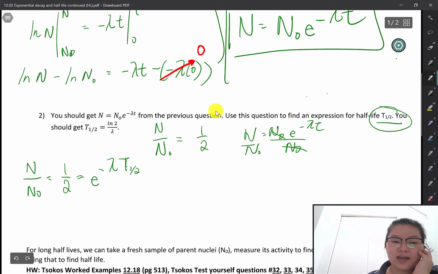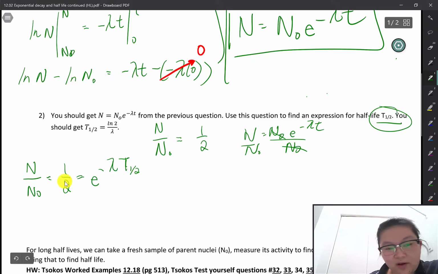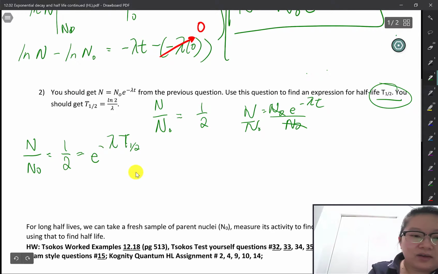So what we're saying is that after t amount of time, which is the half-life, the initial amount of radioactive nuclei will have halved. We're going to work this out to give us an expression for t half.